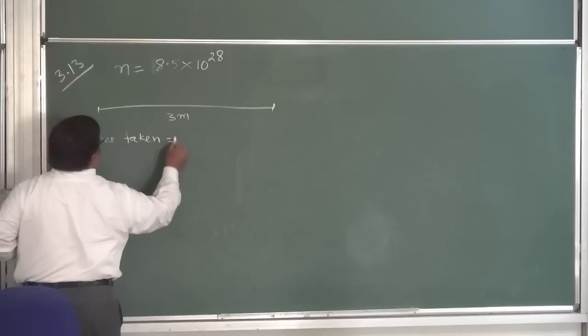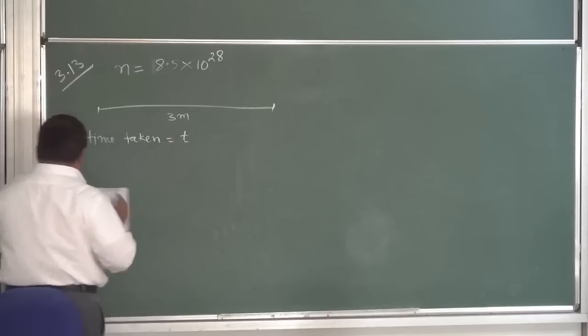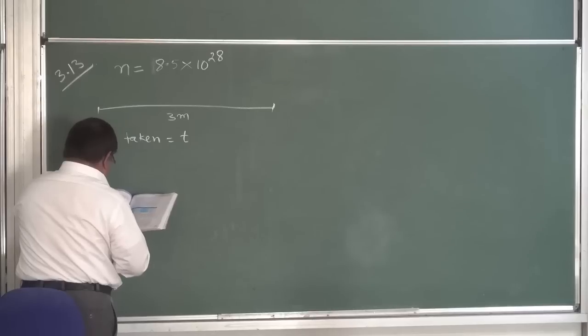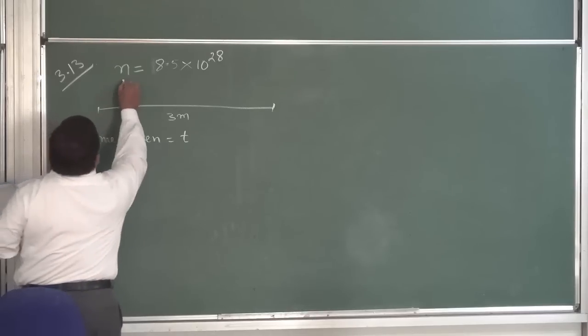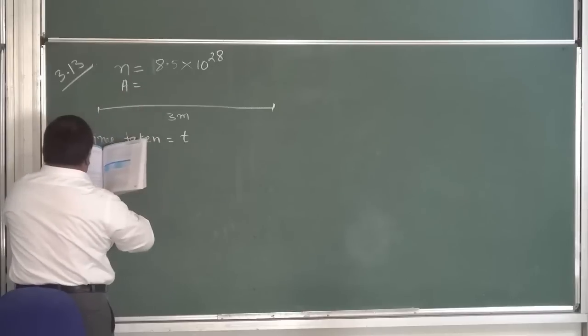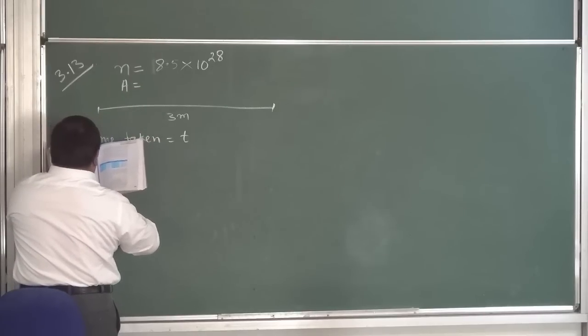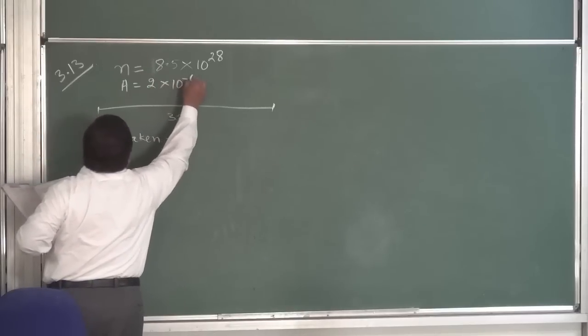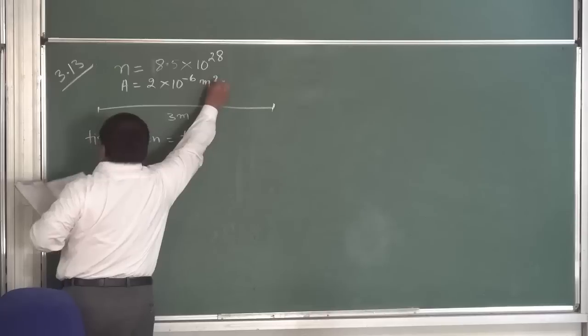Time taken is equal to T. The area of cross section of the wire is given, 2 into 10 to the power minus 6 meter square.